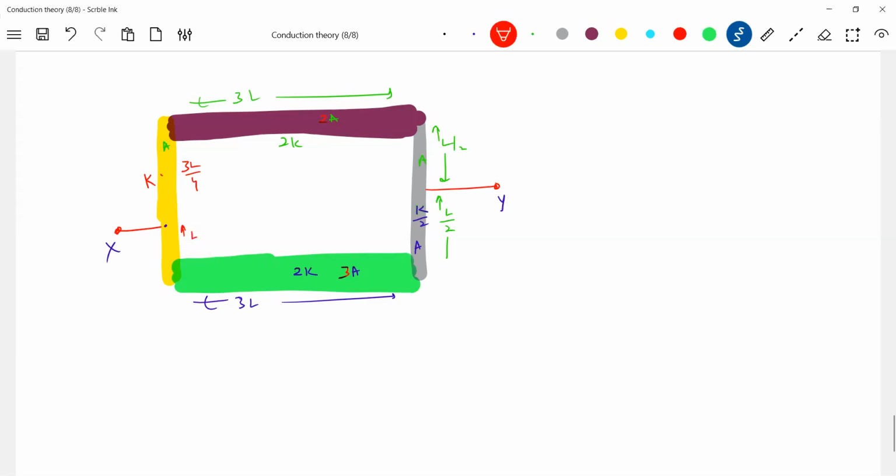Okay, now get into the problem. We have to calculate the effective resistance. Here I'll do one thing. This length is 3L by 4, so this will have one resistance. The equivalent circuit diagram I'll plot here. This is one thing, then the lower part.